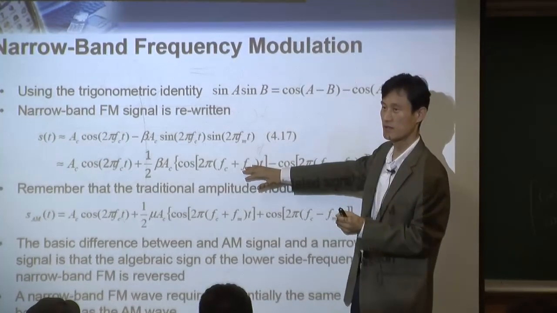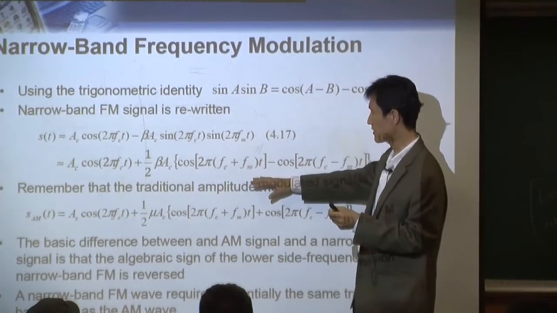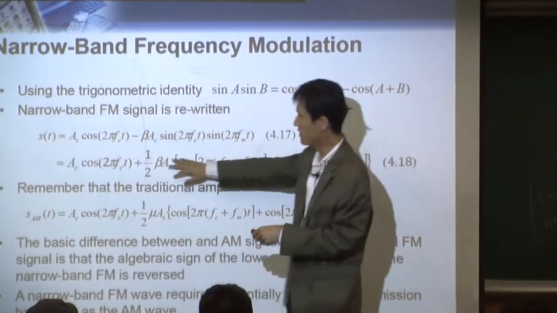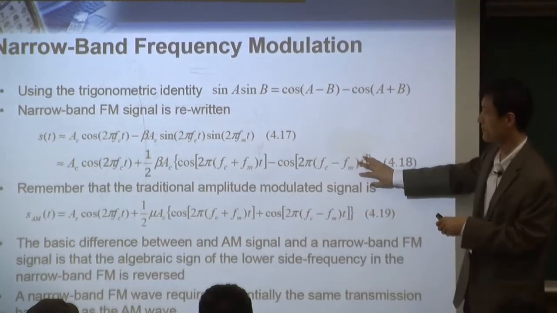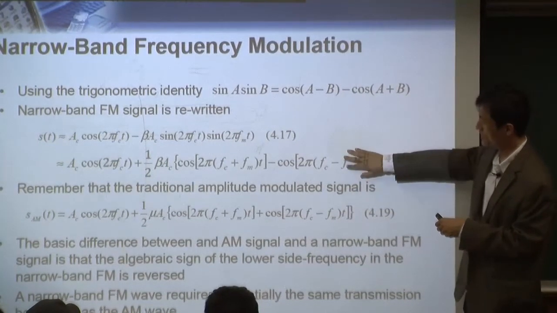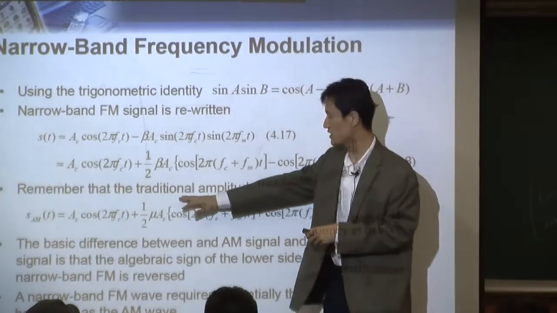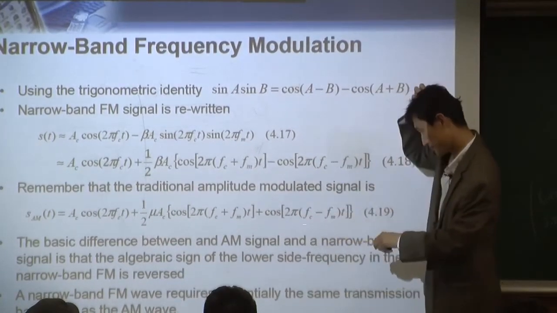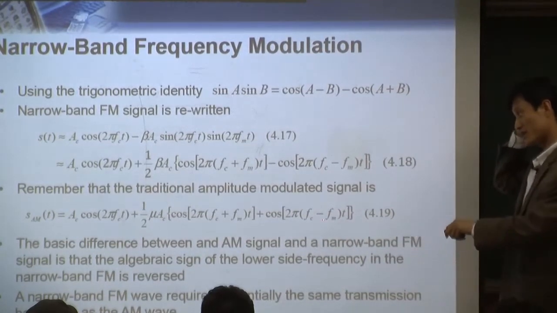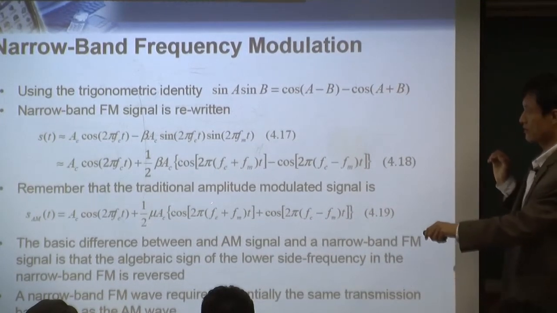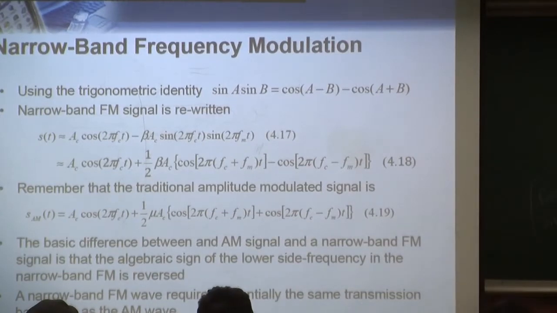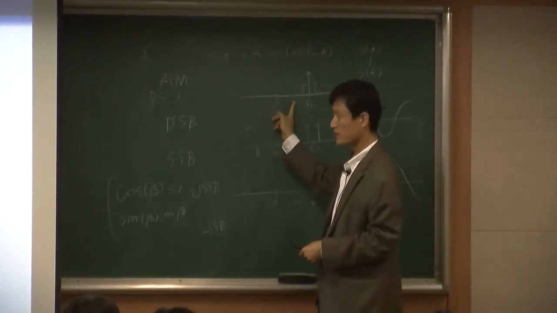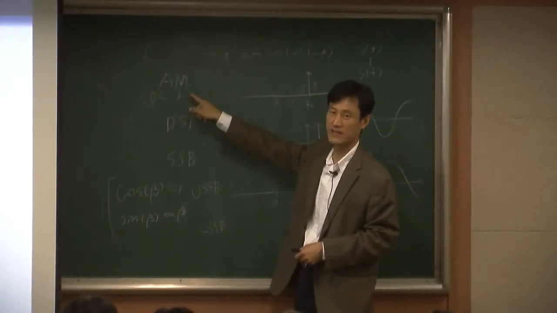That's the final equation. This is the final transmitted signal, s(t), for narrowband FM. But I want to compare this with the original traditional amplitude modulation output. Look here, this is an equation you already have for AM, the output from the original DC added amplitude modulation.